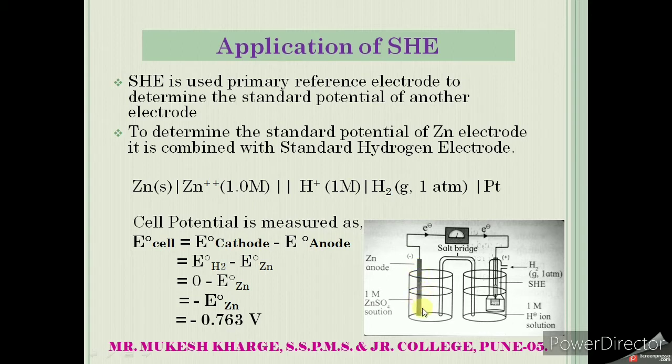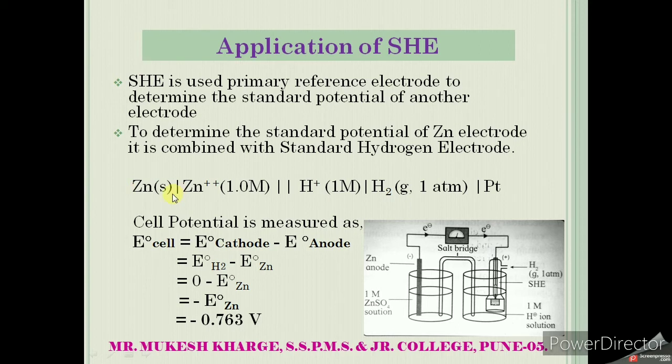So zinc electrode is placed in 1 molar zinc sulfate solution. In right hand cell the SHE is placed in 1 molar H plus ion solution. Then 2 half cells are connected through salt bridge, and these 2 electrodes are connected through a voltmeter by external wire. Then on left hand side zinc electrode is placed, so it acts as the anode.